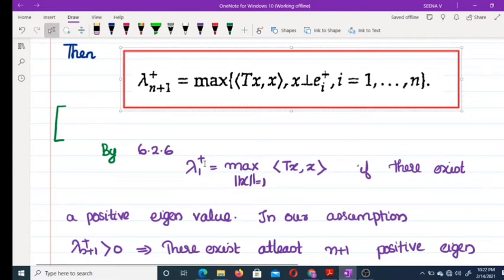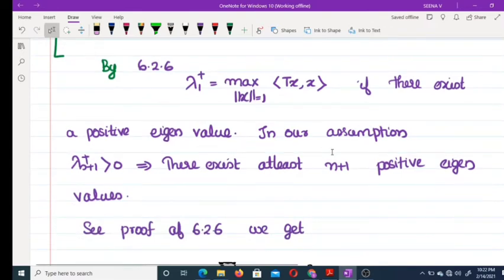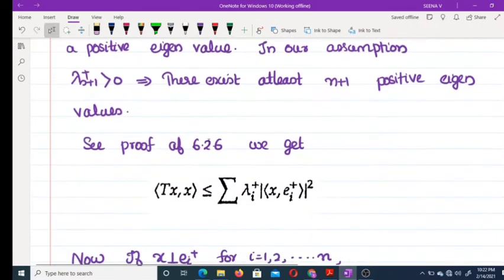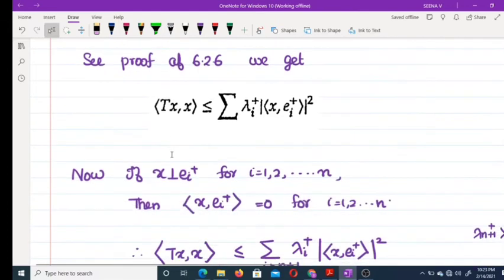By 6.2.6, lambda 1 plus equals the maximum over norm of x equal to 1 of the inner product of Tx, x, if there exists a positive eigenvalue. In our assumption, lambda n plus 1 plus is greater than 0. Therefore, there exist at least n plus 1 positive eigenvalues. So that means this result is true. We have this result in the proof of 6.2.6. Here we have inner product of Tx, x is less than or equal to the sum of lambda i plus times the inner product of x, ei plus, whole square.